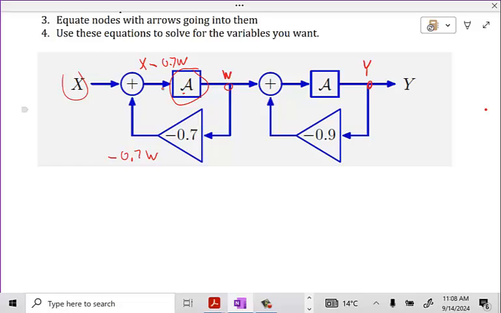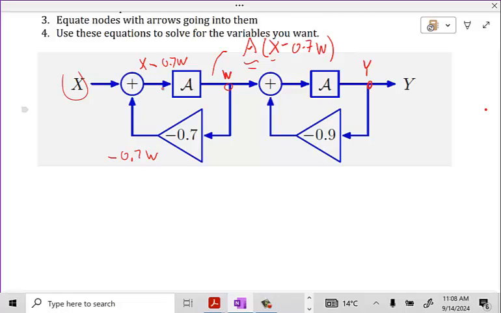But if I label A based on the immediate input of A, well, the immediate input was this X minus 0.7 W that I just came up with. So I can label this A times X minus 0.7 W. Now, it may seem a little confusing that you're using A here, which is a component, and X, which is a signal, and you're treating them as if they're the same thing.